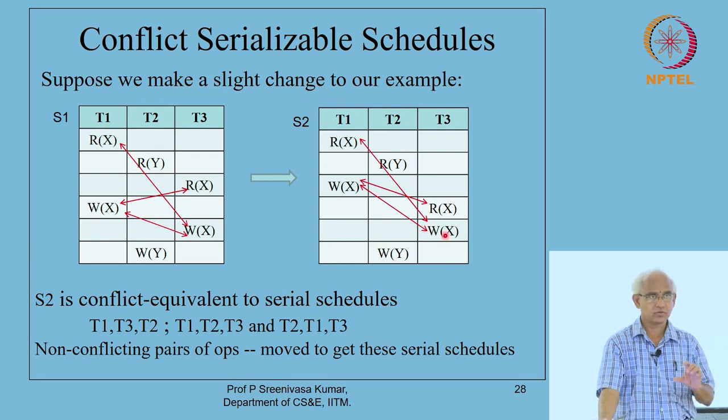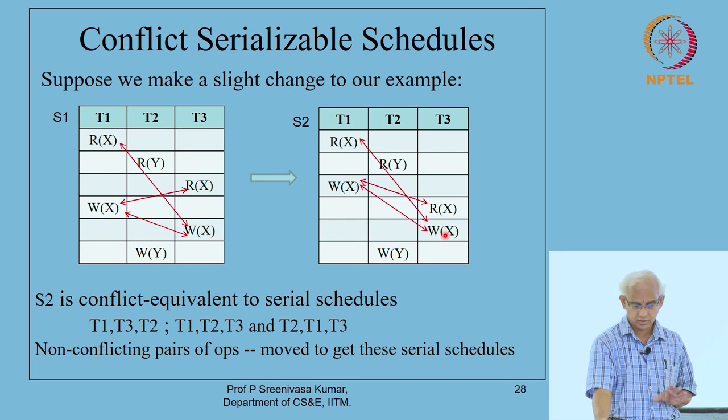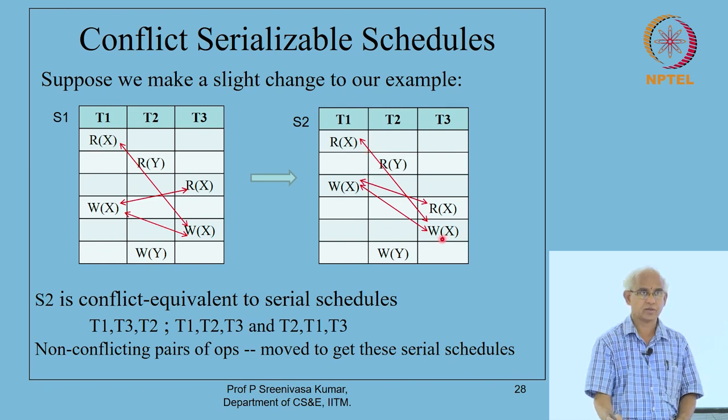So, this notion of conflict equivalence is a very important one. I hope you have understood the importance of it, and the definition properly. The definition just says to focus on conflicting pairs of operations.